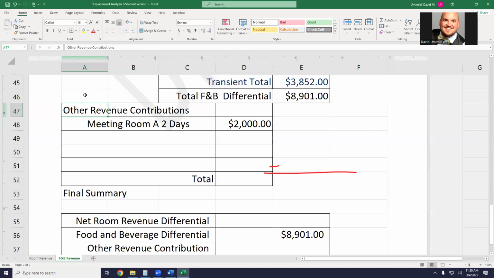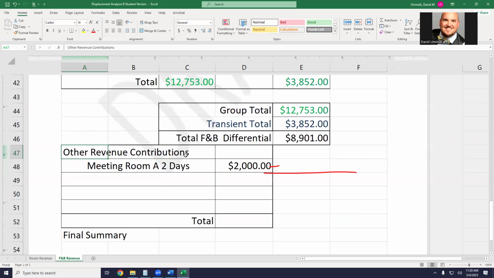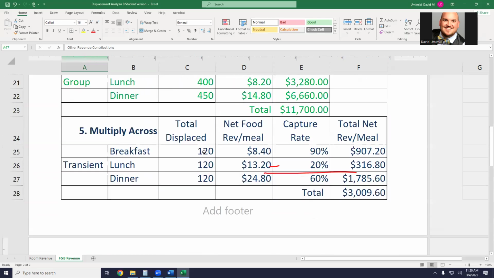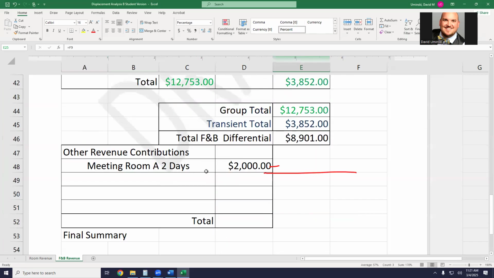Now, some of those things like spa, valet, we could potentially do a capture rate just like we did for the transient, right? So maybe not all of our transient guests are gonna park valet. Maybe they're all not gonna go to the spa, okay? But we're not gonna go that detailed about this. So this is just gonna be very easy, very basic.